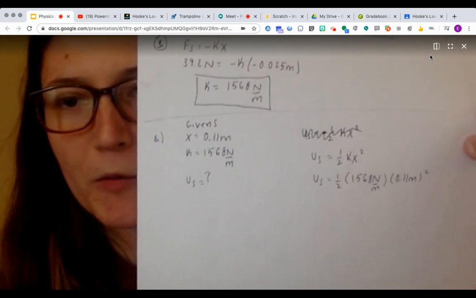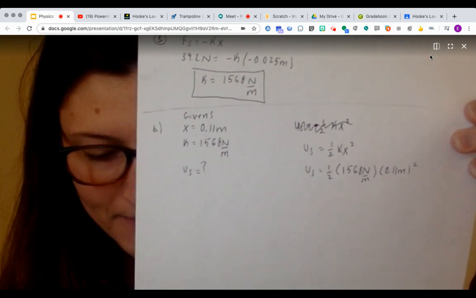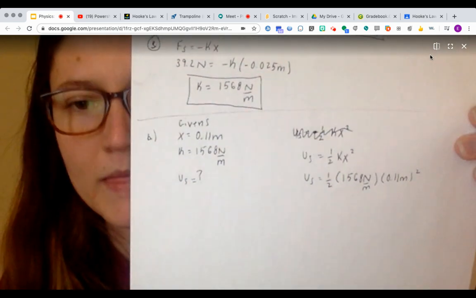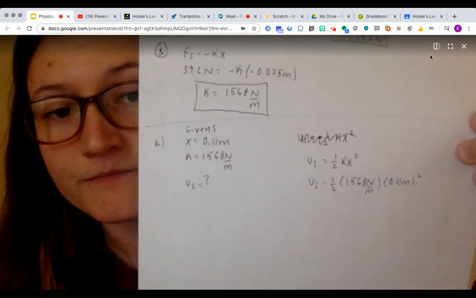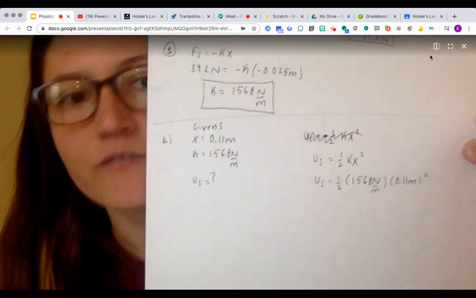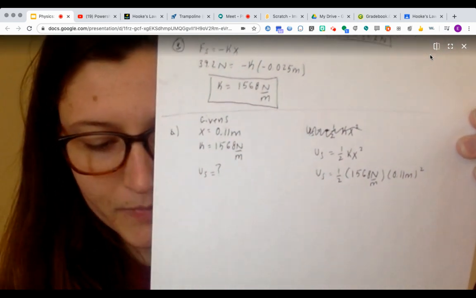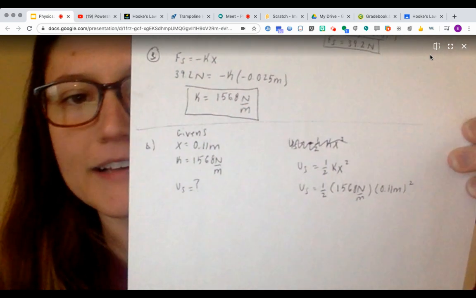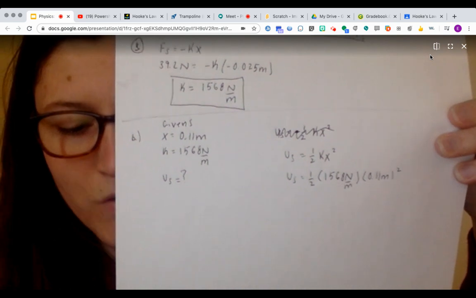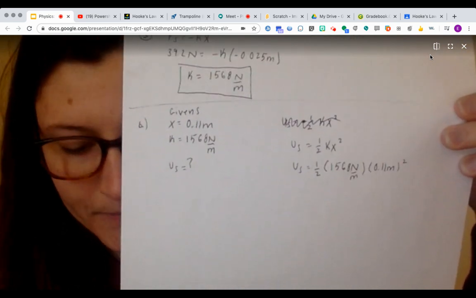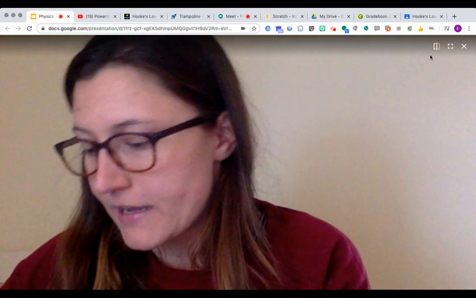You get 0.0121. I'm now going to multiply that by my spring constant, 1,568 newtons per meter. Finally, I will multiply by 1/2, or 0.5. And we get that the elastic potential energy stored will be 9.4864, which we're going to round to 9.49.